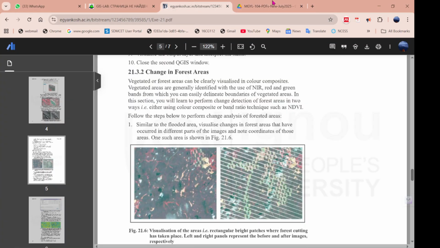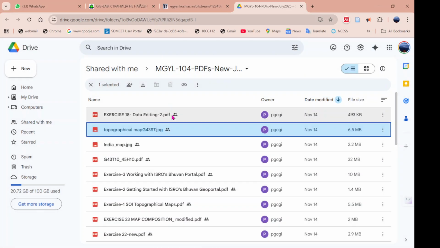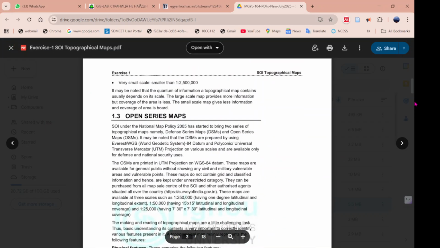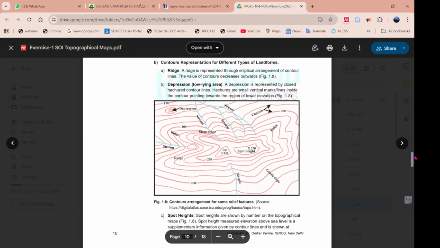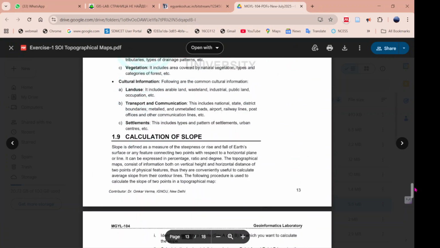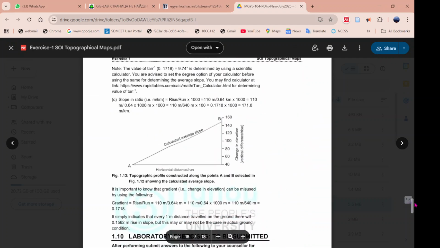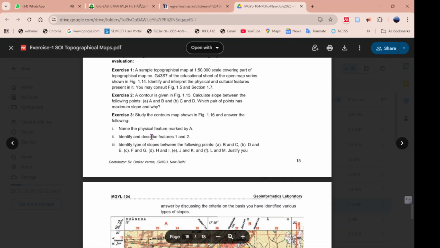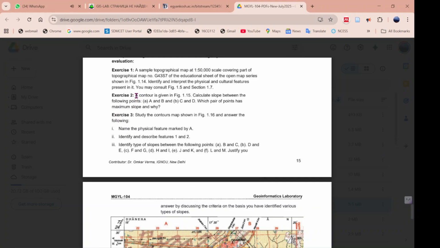So the next exercise, within exercise 1 itself, a contour is given in figure 1.15. Calculate slope between the following points A and B and C and D. Which pair of points has maximum slope and why?